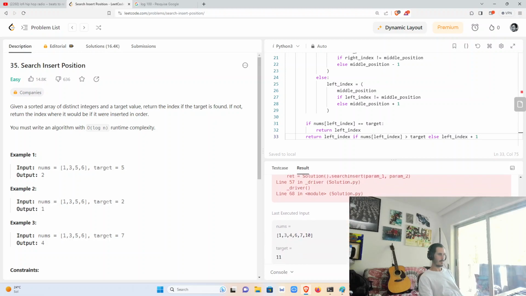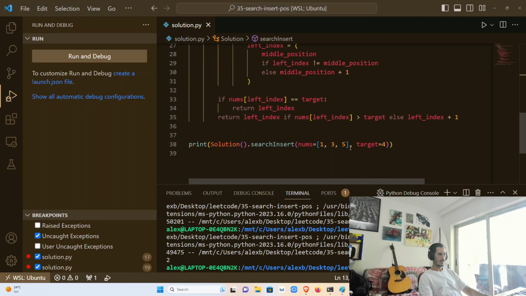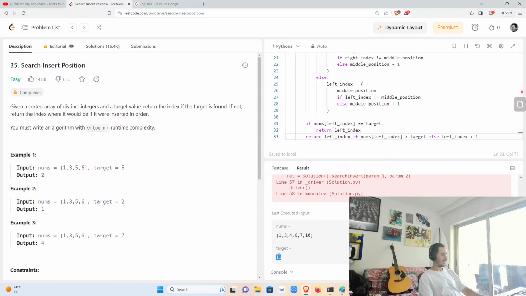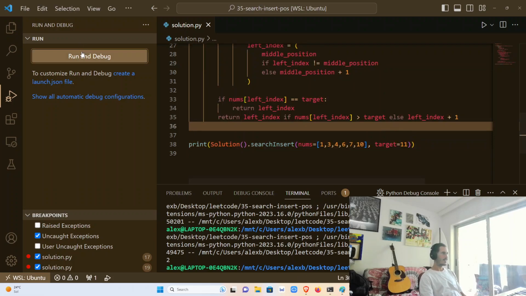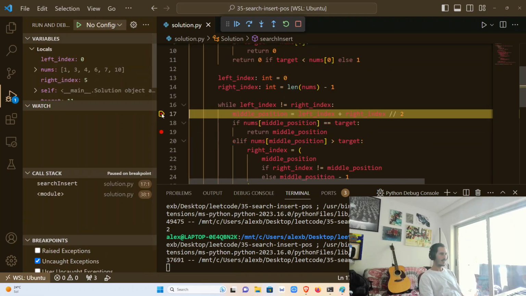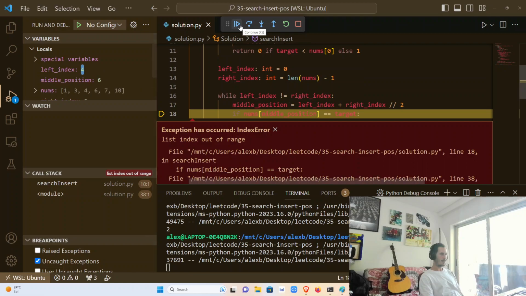Time error. Target 11. Where did it mess up?